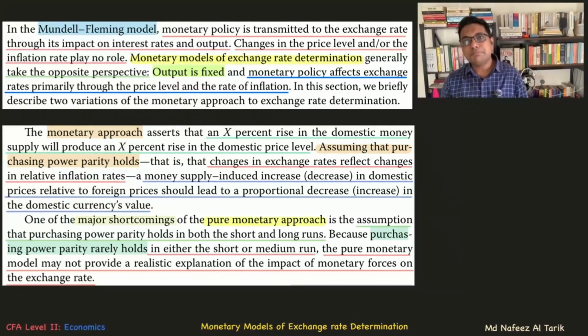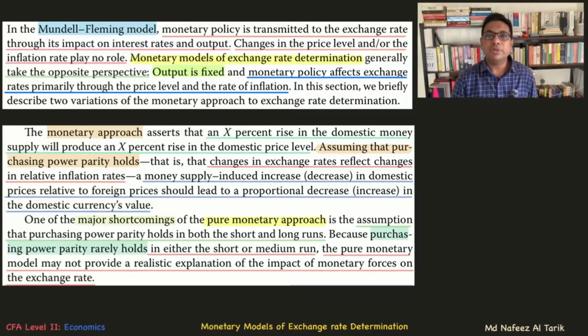However, there is a major shortcoming of the pure monetary approach. The shortcoming is that we are assuming purchasing power parity holds, but in reality purchasing power parity rarely holds in the short to medium run.